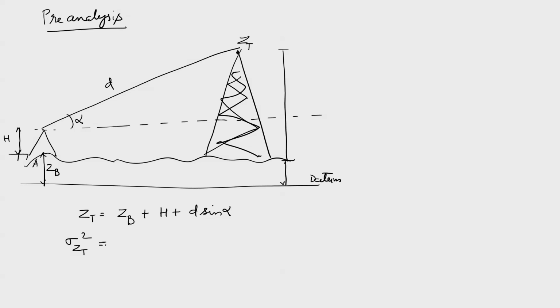Now, you see that ZB is coming from the contour map. So, it is completely independent of the height of the instrument, because you have measured the height of the instrument with the tape, and you have measured this one from the TS. All three sources are independent, they are not correlated to each other.